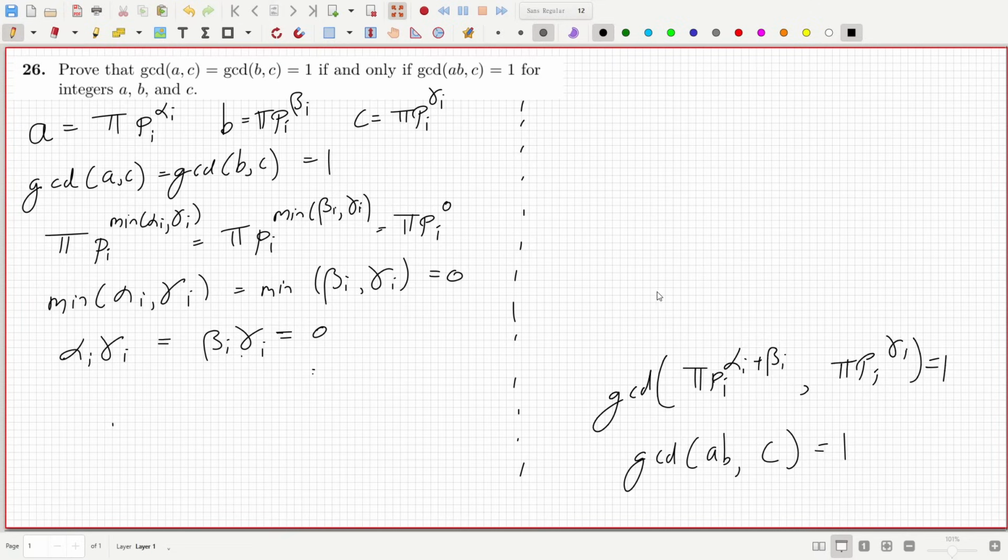So the minimum of alpha_i plus beta_i and gamma_i equals 0. So one of these is 0. So that means (alpha plus beta) times gamma equals 0.